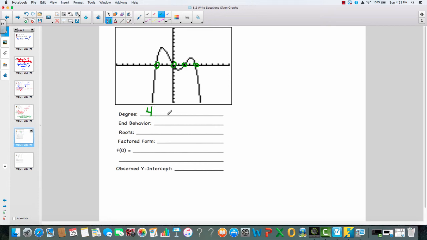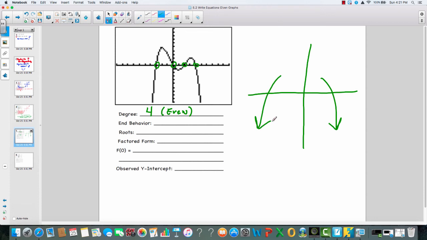What's the end behavior? Again, going back to Ms. Zanfini's worksheet. If the degree is even, like a parabola, right, with a degree of 2, if it's even and the end behavior is pointing downward like that, then you're talking about a negative coefficient.